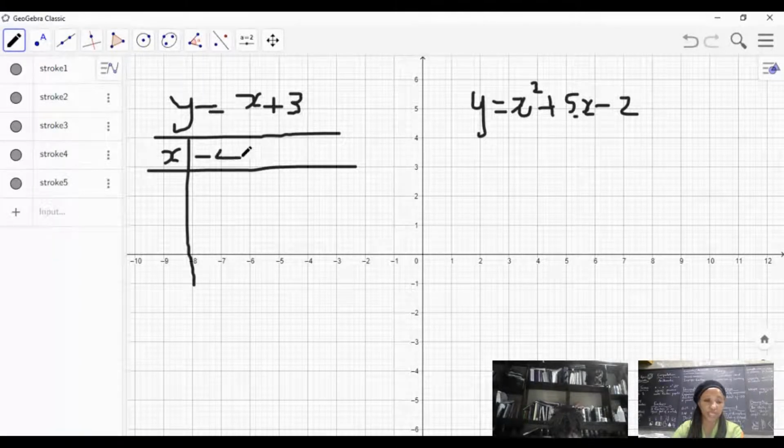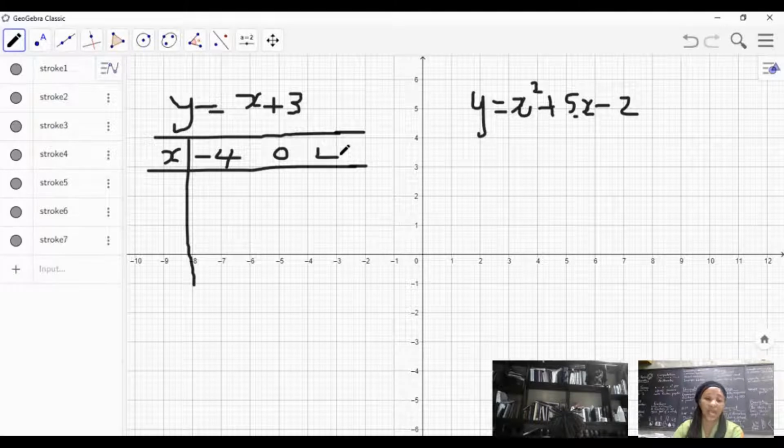So we could put -4. We like to see what's happening at 0, even though we really only need 2 points to make a line. But I like to know what's happening at the origin, so I always throw in 0 there.